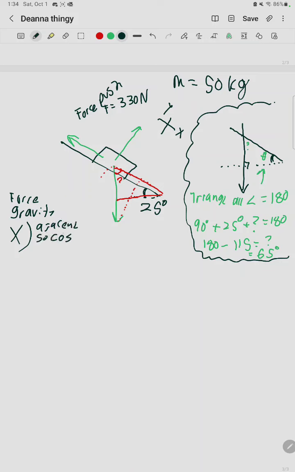So cosine. So then you're gonna have force gravity over, oh wait, no, it would be the hypotenuse there, huh?